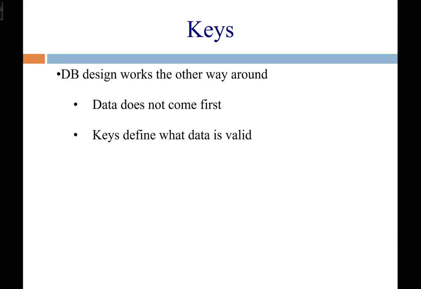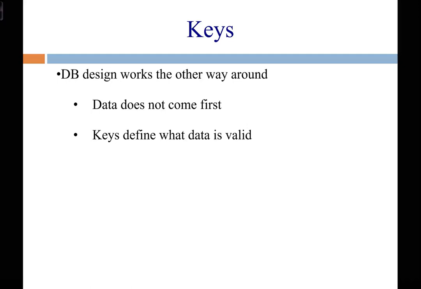That's not the way it works. We as database designers think about the problem first and then define the keys. The data doesn't define the keys, we define the keys, which restricts what is valid data.